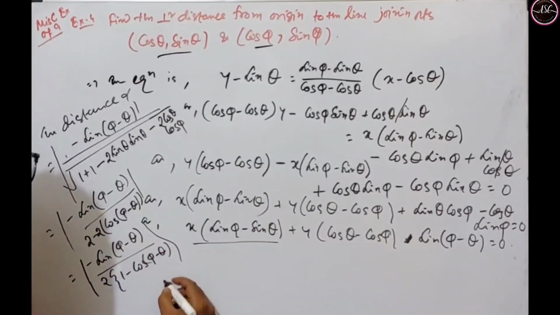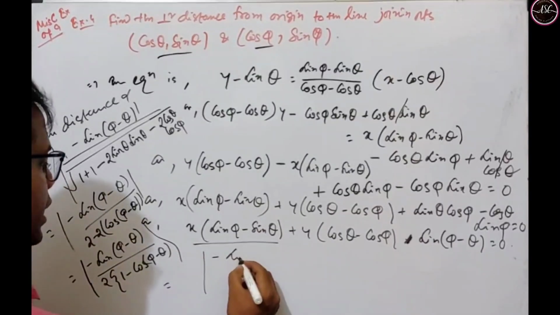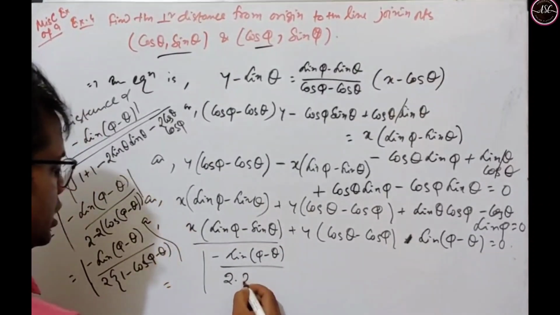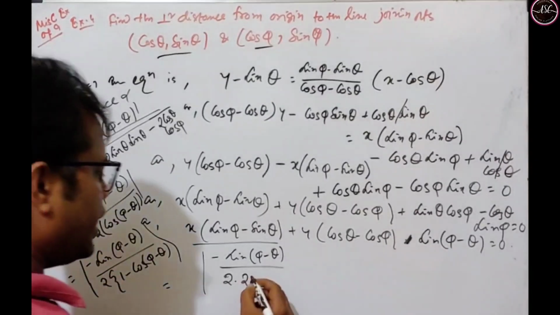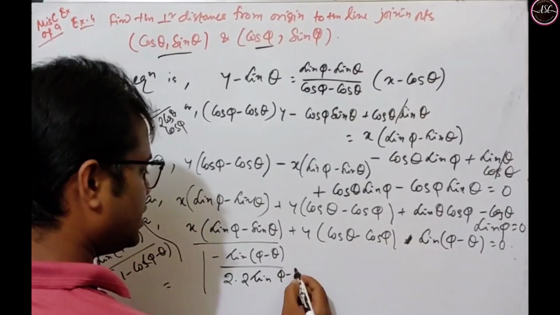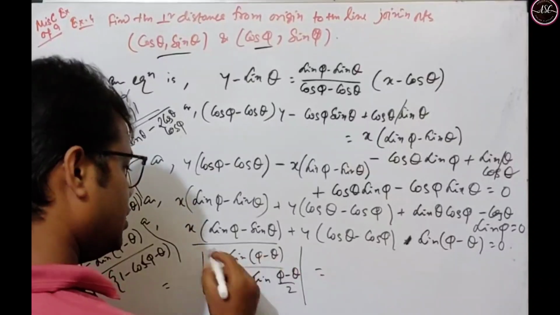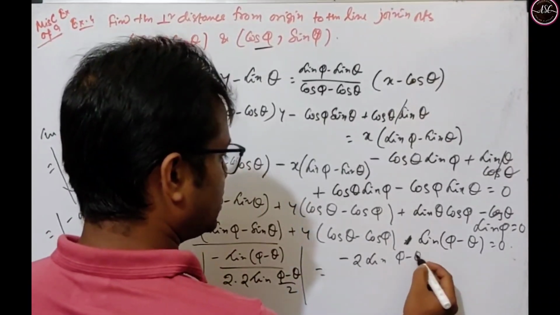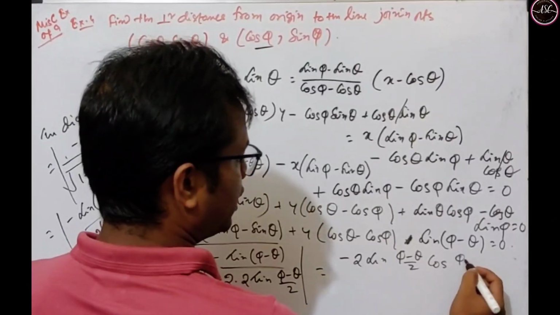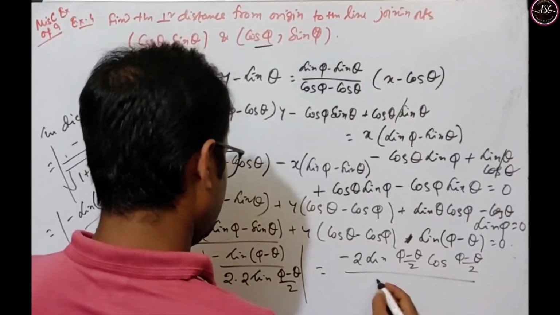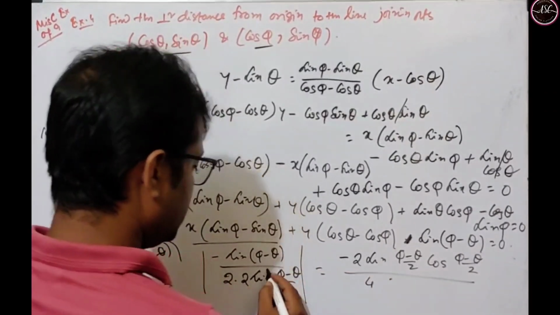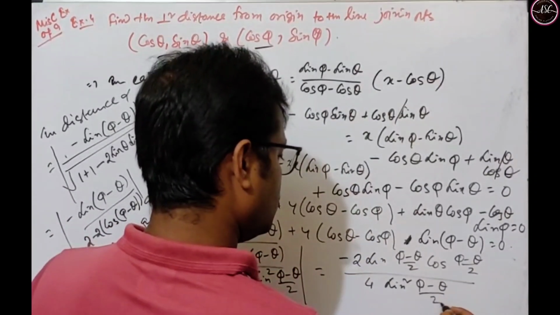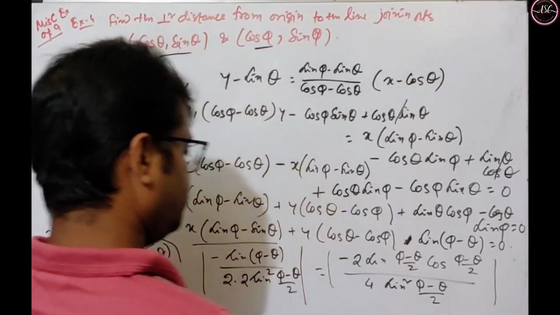So this will be mod of minus sin(phi minus theta) divided by 2 into this, which is 2 sin square (phi minus theta)/2. And the upper portion will be 2 sin(phi minus theta)/2 cos(phi minus theta)/2, and here 4 sin square (phi minus theta)/2, within mod.